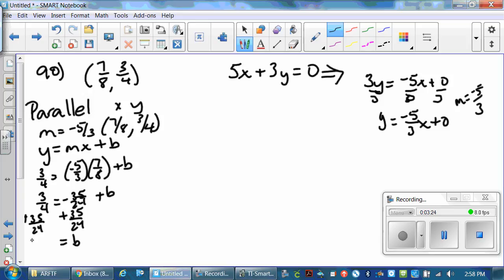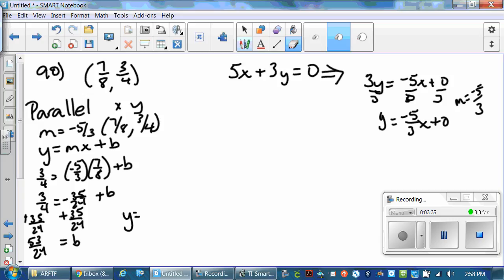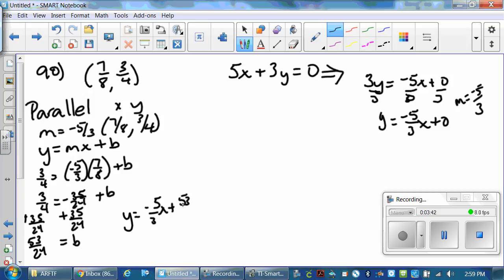So b is 53/24. So the parallel line has an equation, y equals negative 5/3 x plus 53/24. That's the parallel line equation.